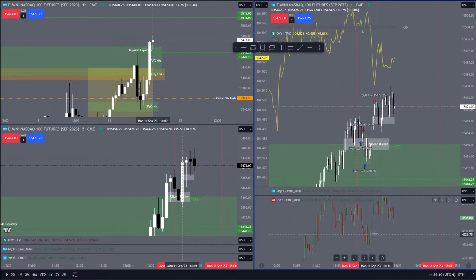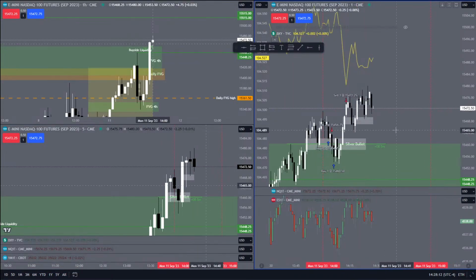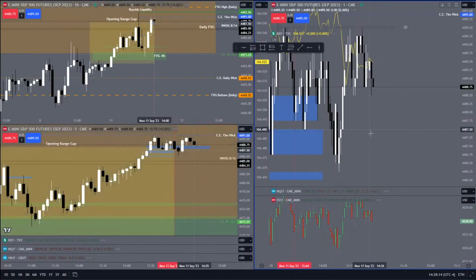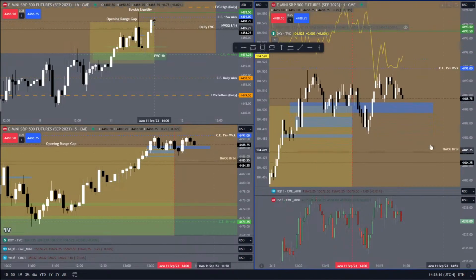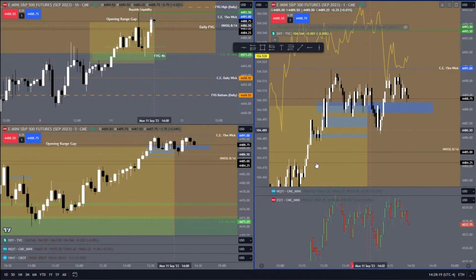Look how consolidated ES is. I'm gonna flip over to ES real quick. Ooh, it's not the best looking.